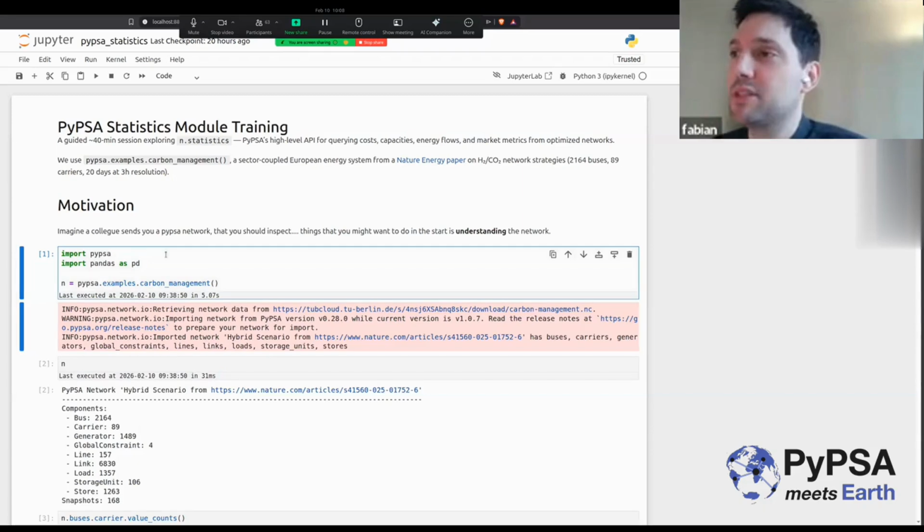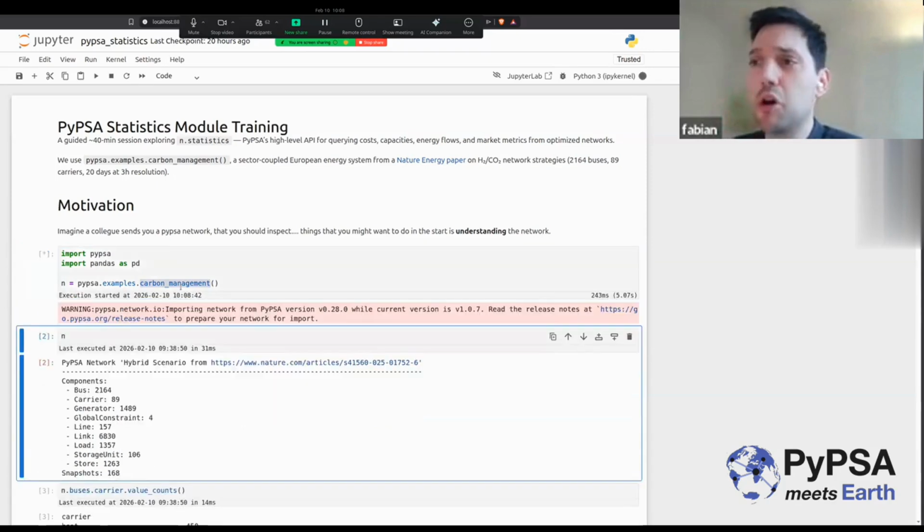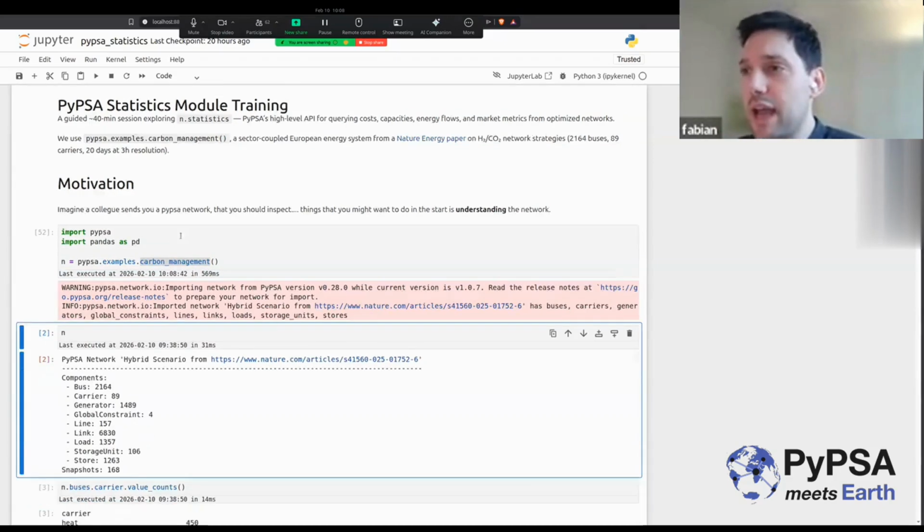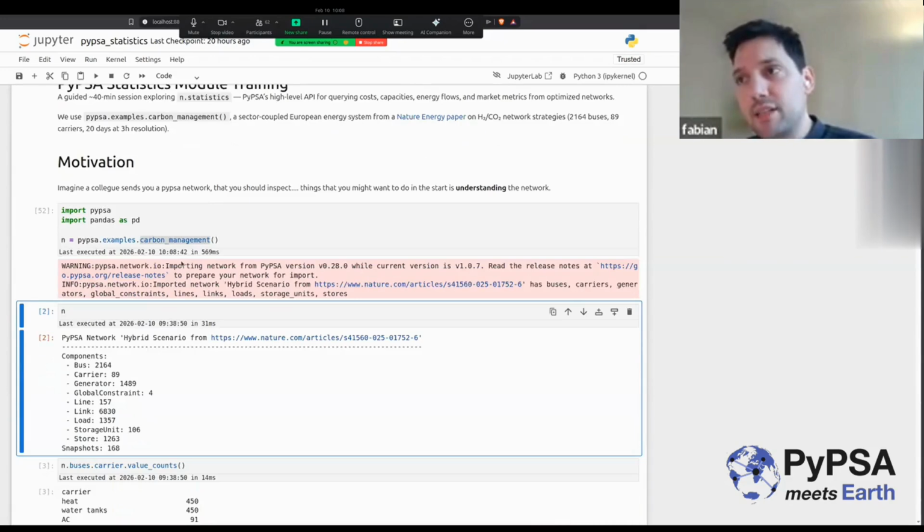So for that purpose, we're now imagining this colleague sends you over a carbon management PyPSA network, which we now pull here from the examples, and you load this into your Jupyter notebook or in the shell that you use. Perhaps it's an IPython notebook, and you see, okay, what's that PyPSA network?